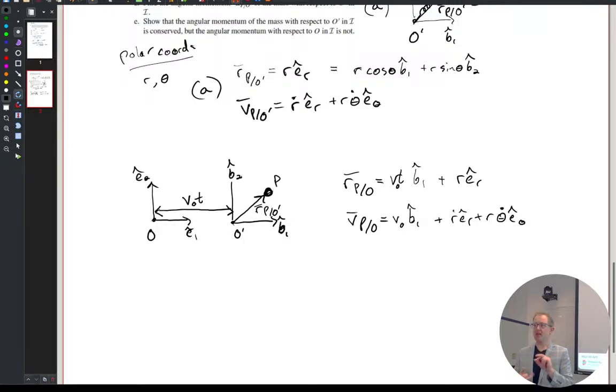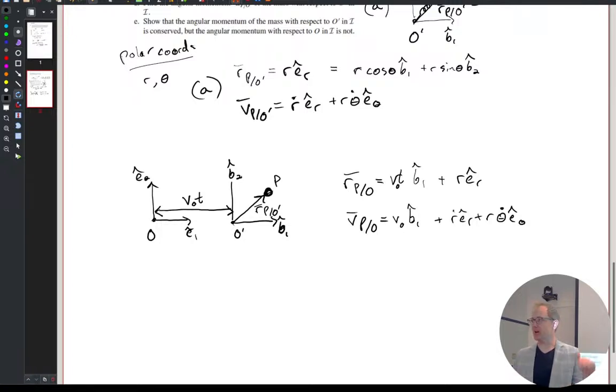So it is okay, but as long as you just remember that ER has a B1 and a B2 component in it, and E theta has a B1 and B2 component in it. So if we're doing cross products or dot products, we just have to remember that for B1 cross ER, we have to do that cross product out and then figure out what it is. But it's okay to mix and match.